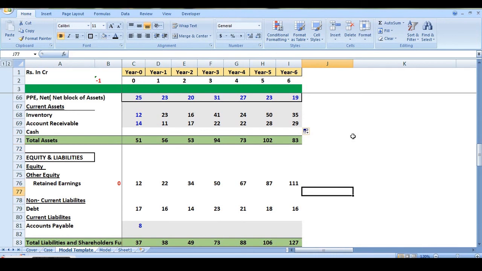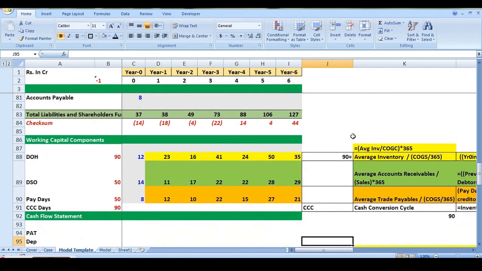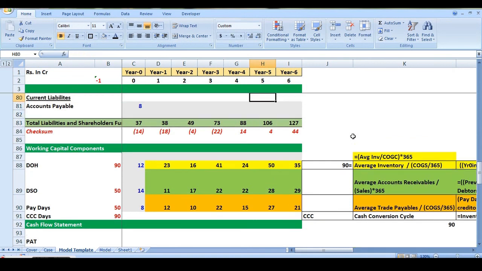Just to cross verify, you can check the last year value as 35 and 29 for inventory and debtors. Now we go to the balance sheet liability side and try to link the creditors values. Simply drag it for the rest of the periods, and now you will see the checksum is reducing as we are adding a few values to it.